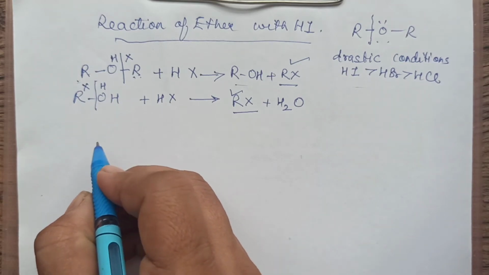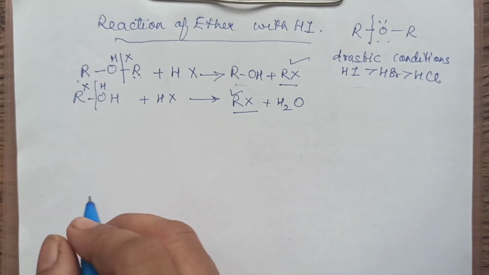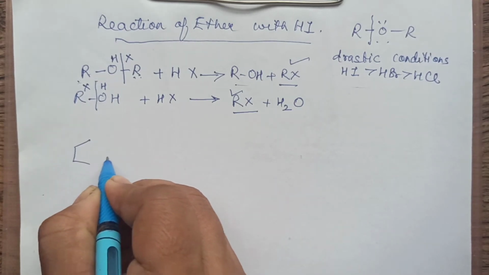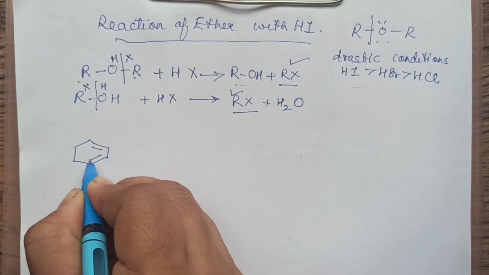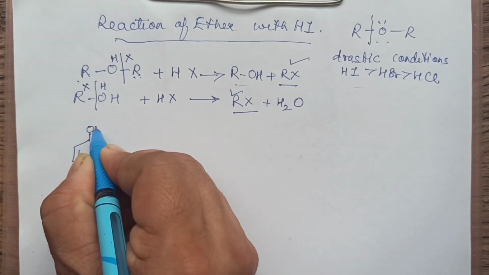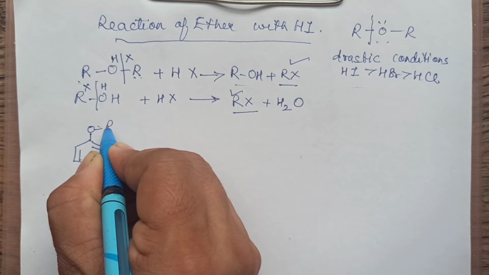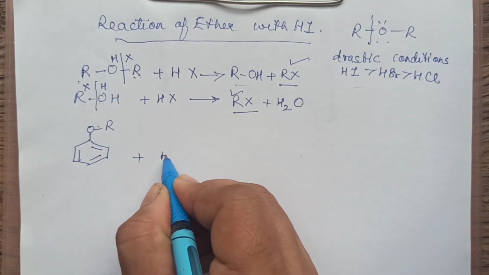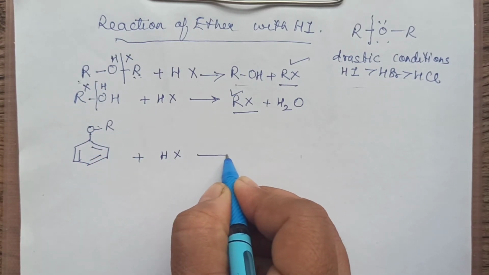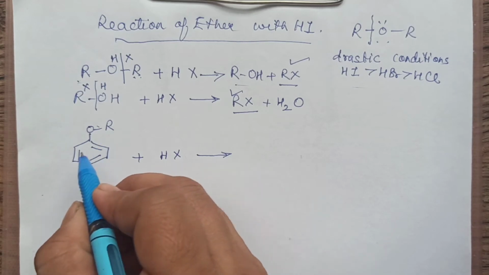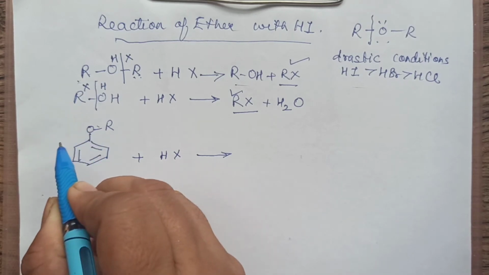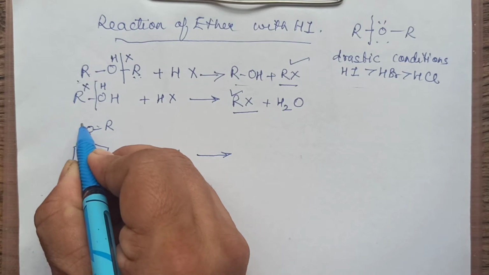Now suppose I take the example of an alkyl aryl ether. This is the aryl group, and on this side there is, say, an alkyl group attached. When this is treated with HX, always keep in mind that the aryl-oxygen bond is very strong. Why is it strong?